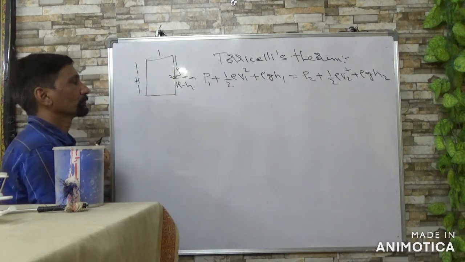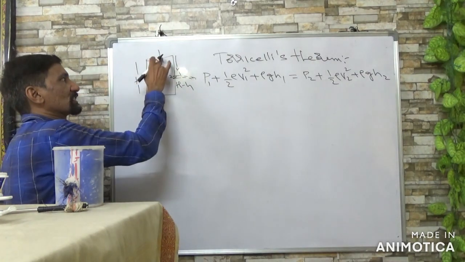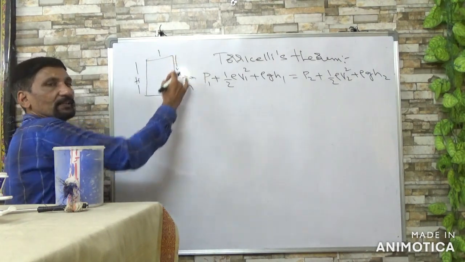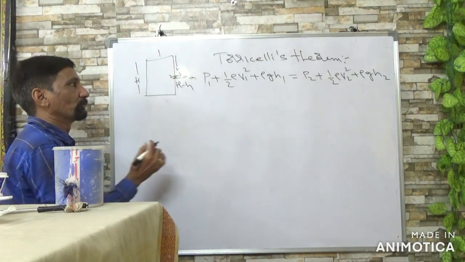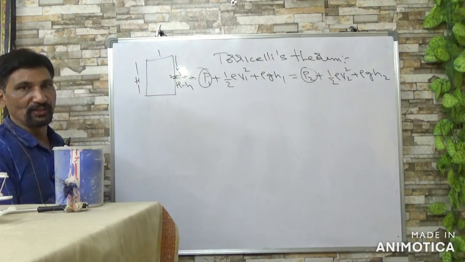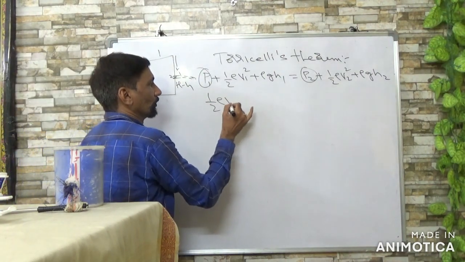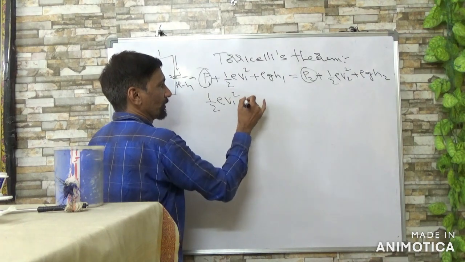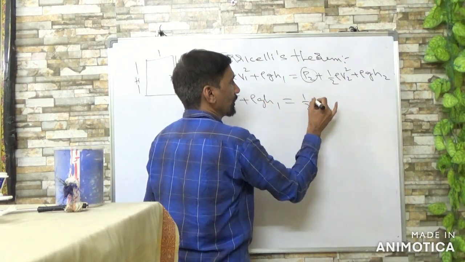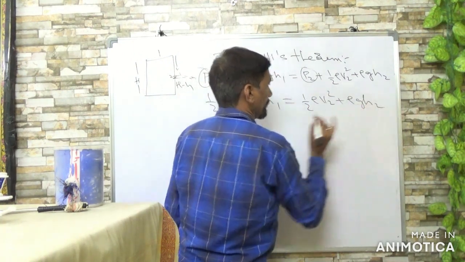Now, pressure at this point is almost equal to this because this height is a very small value, so that is why they are cancelled. Now half rho V1 square plus rho G H1 equals half rho V2 square plus rho G H2.